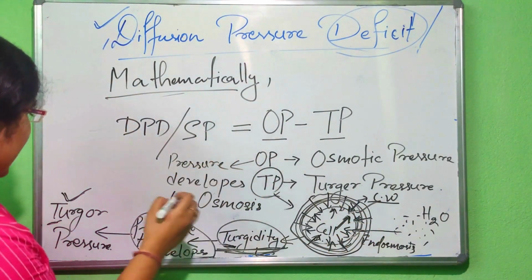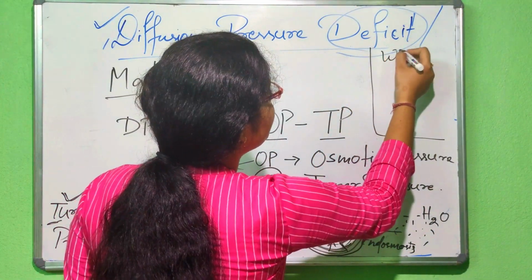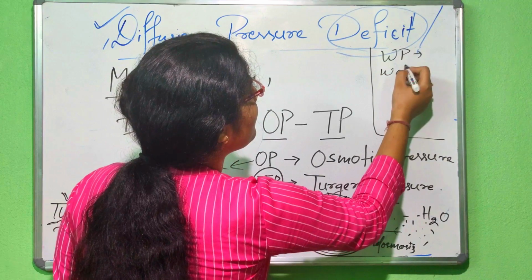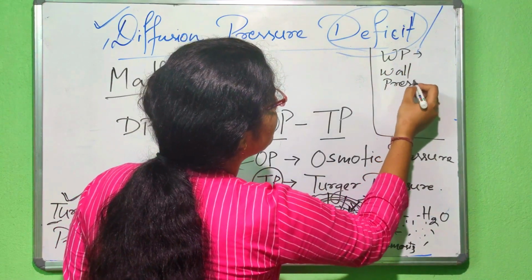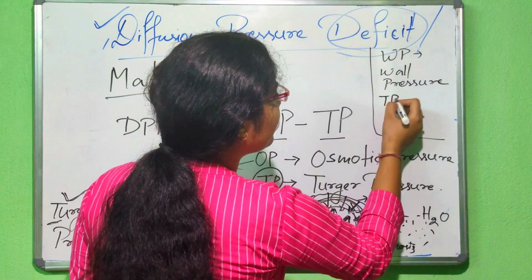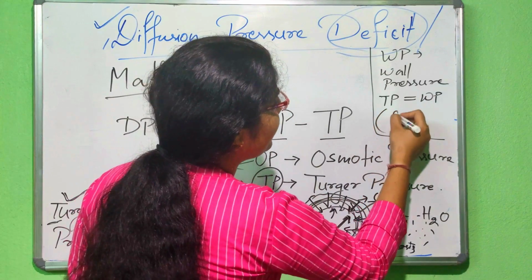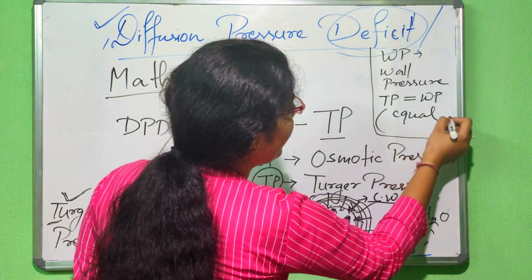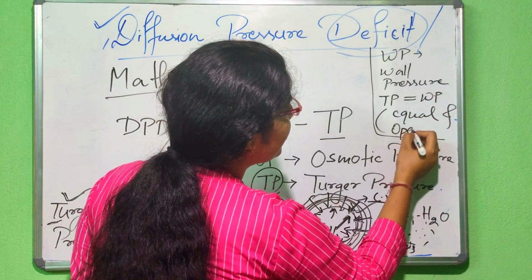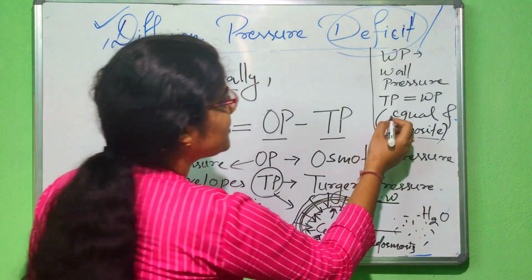That is called WP, or wall pressure. So the TP is equal to, we may write, WP. These are equal and opposite in nature.